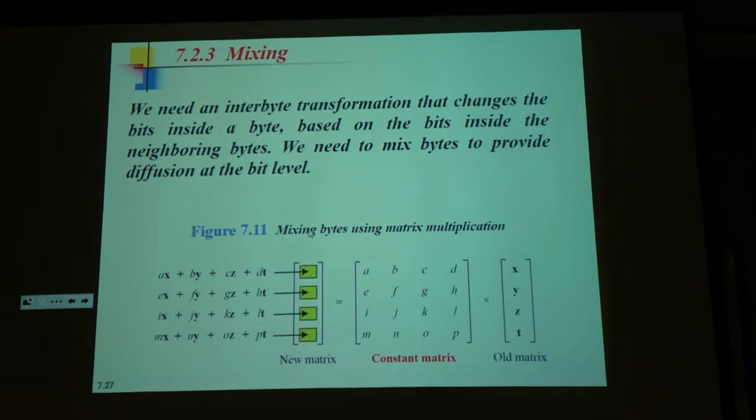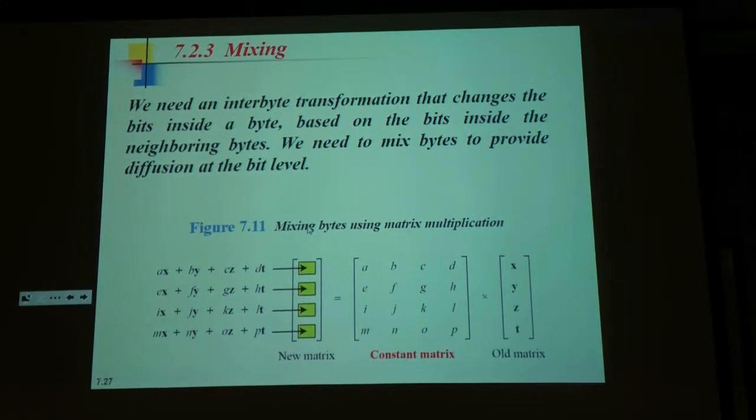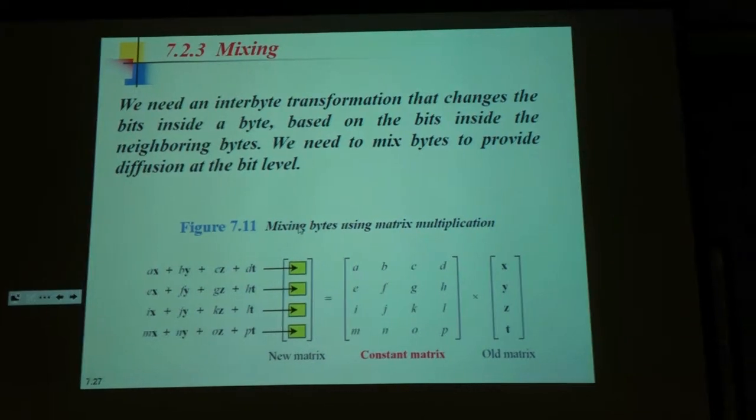So for example, if you look in here, this is the data x, y, z, t. You're going to have a constant matrix by design. Then you're going to multiply the matrix. You know how to multiply the matrix. So a times x, then b times y. So ax, by, and now you have a new matrix. So now you are changing the bits, not only the bytes.